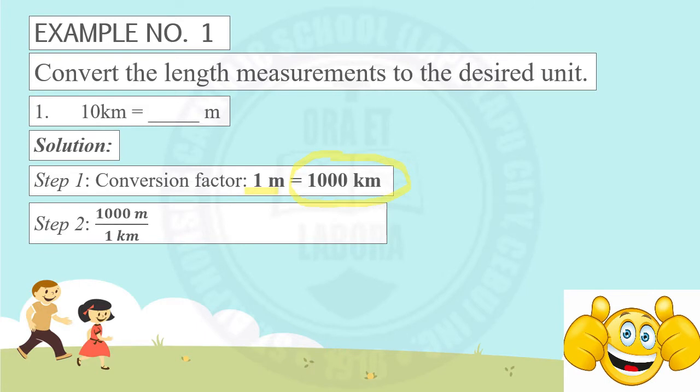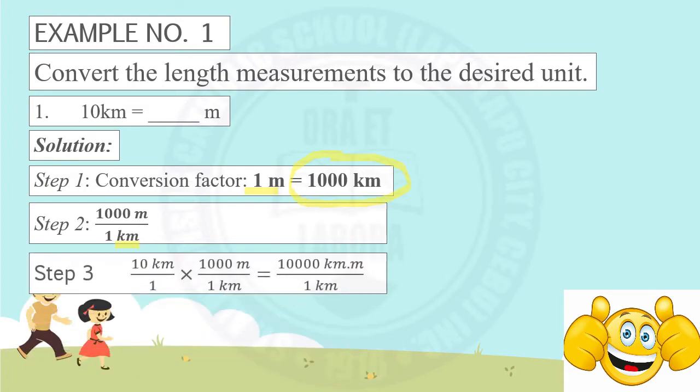So that's why if the kilometer is given, then the kilometer here must be our denominator so that we can cancel out kilometers. Step 3. 10 kilometers, remember that a whole number has a denominator of 1. That's why there is 1. So times 1,000 meters over 1 kilometer.